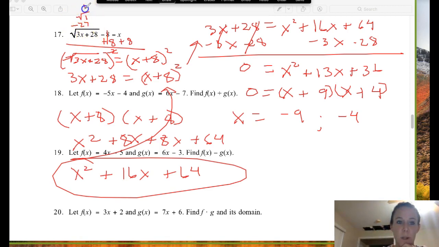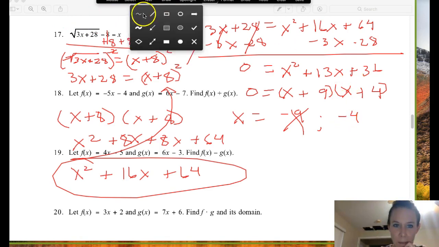So this becomes 1. 1 minus 8 equals, and then what was x? X was -9. Does that equal -9? Does 1 minus 8 equal -9? No, it equals -7. This doesn't work. We made an extraneous solution. If you tell me the solution is -4 and -9, you're going to get it wrong.